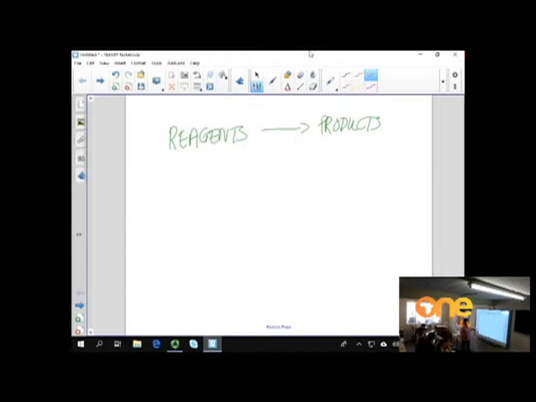Now, I'm going to put an example up on the board. For example, hydrogen plus oxygen will give me water. Now, when we write a chemical equation, the first thing is you have to have the correct formula. You have to know which elements are diatomic and which are not. And then you must know how to work out the formula, for example, of water.